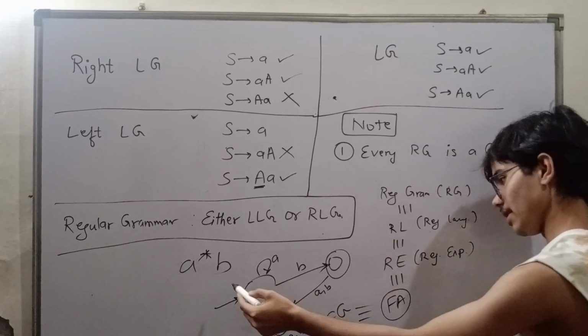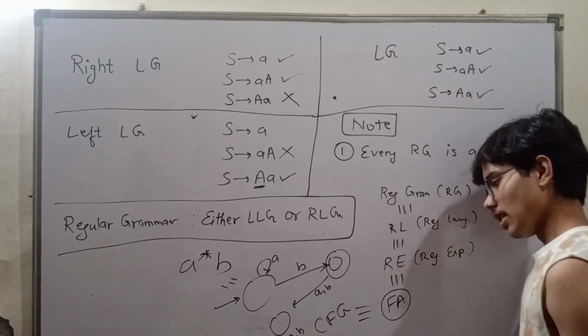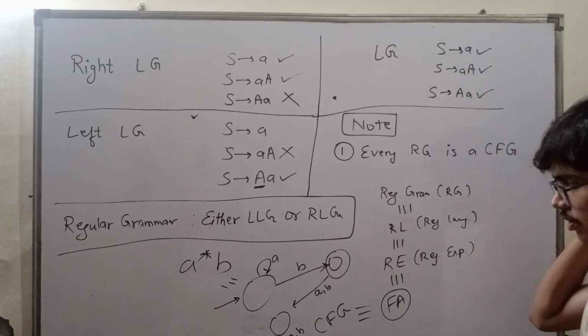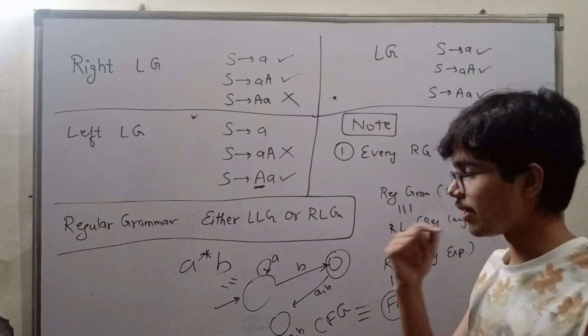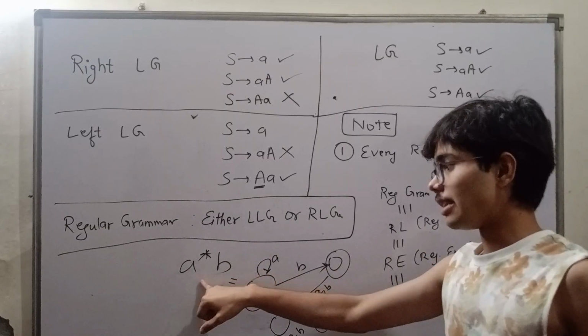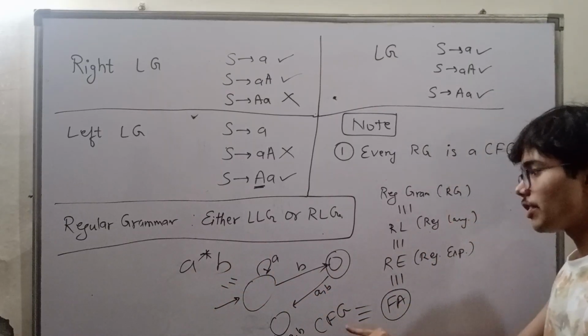Okay, I can make an equivalent DFA here. If the DFA can be made, then I can also make a context-free grammar.